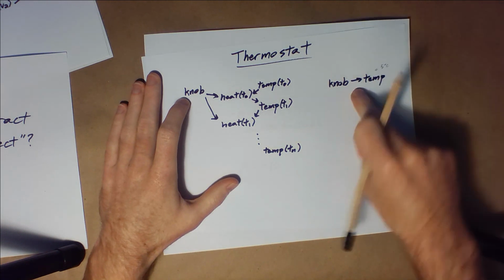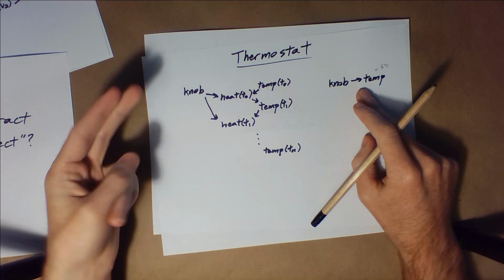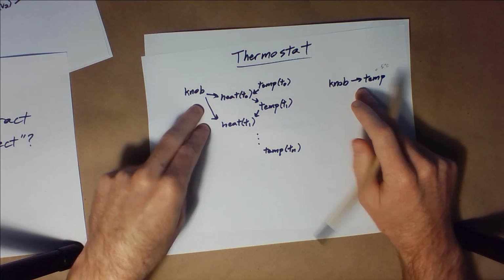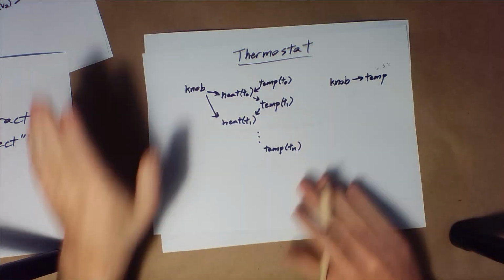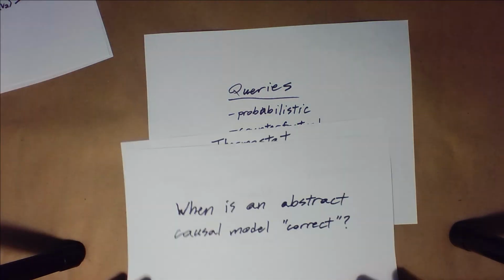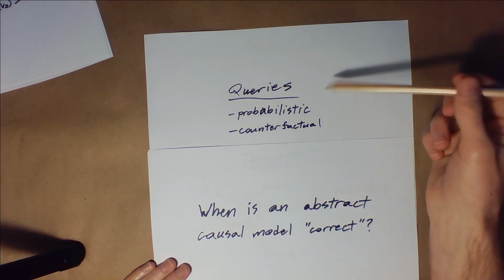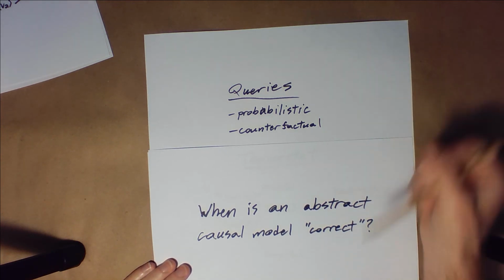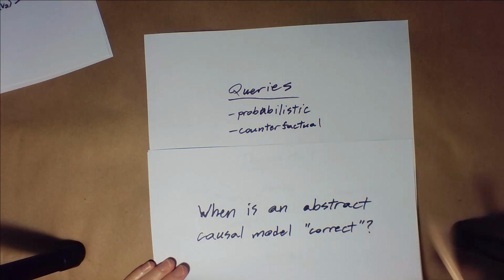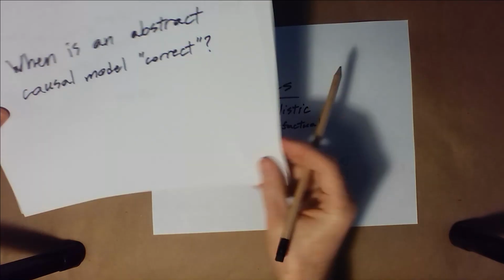So this abstract DAG is making the same counterfactual predictions as the concrete DAG. And that's what we mean when we say that an abstract model is correct. We're saying that it matches the predictions of the concrete model, or the lower level model, on probabilistic and counterfactual queries. Okay? Now, it might not necessarily match on all possible queries.